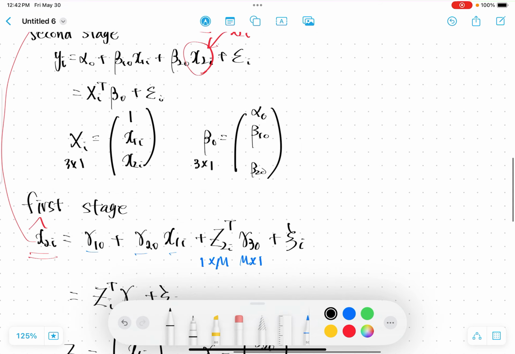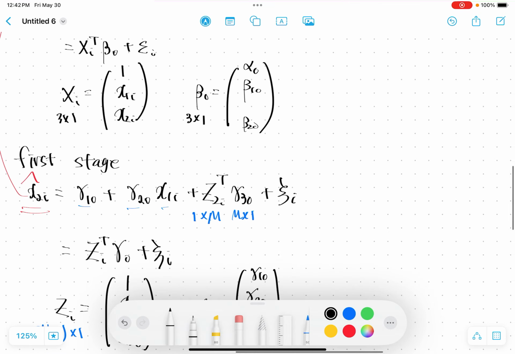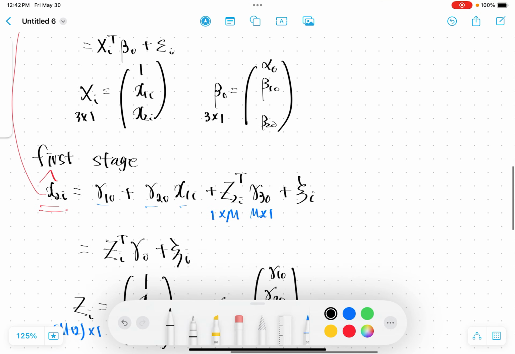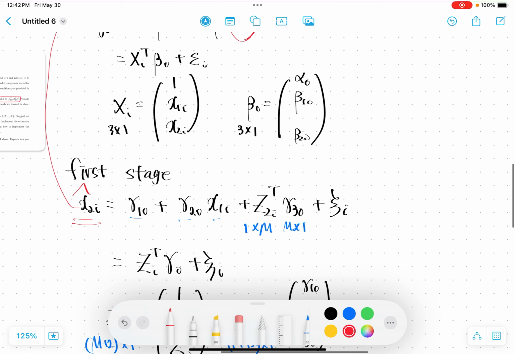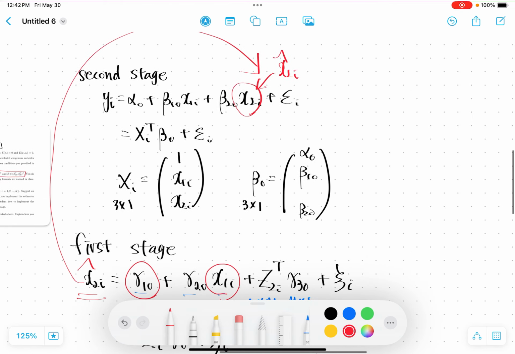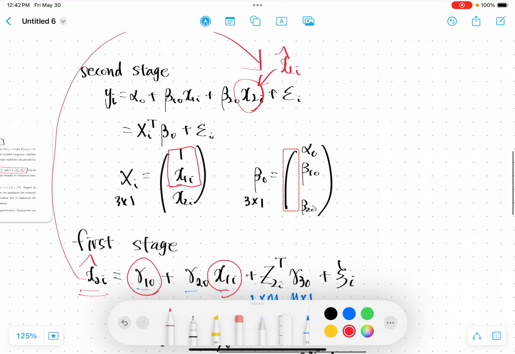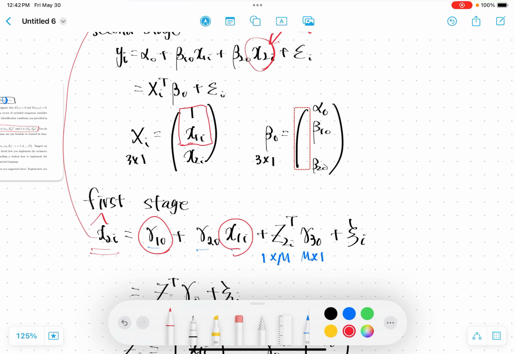So let me try another form. Then I will define two different predicted values. By the way, one more comment here. In the original regression, the constant term and x1 are exogenous. Then the default is to include all the exogenous variables in the first stage, right? Unless you have any other reasons not to include them.